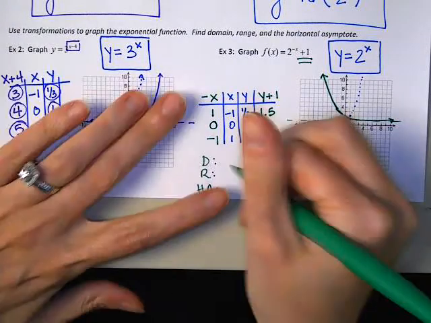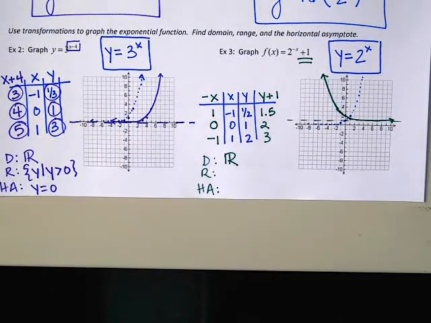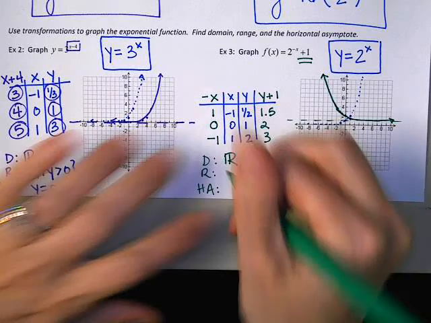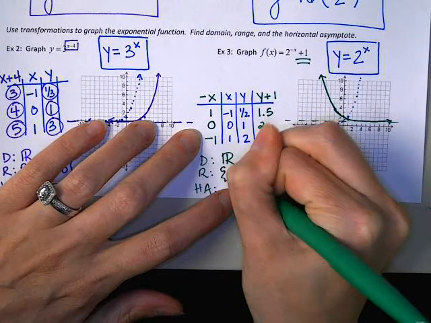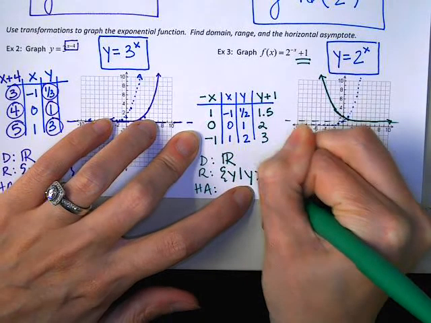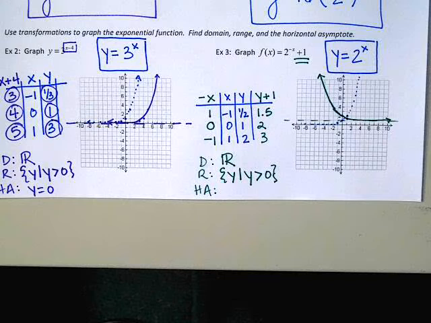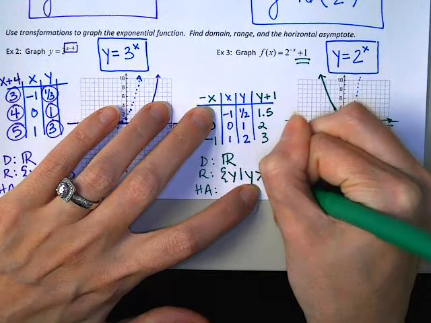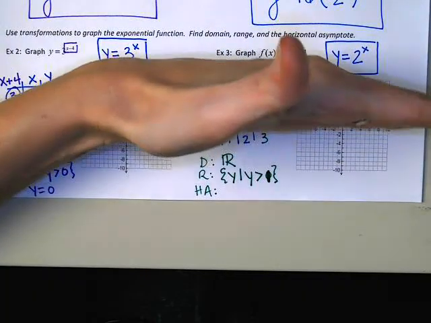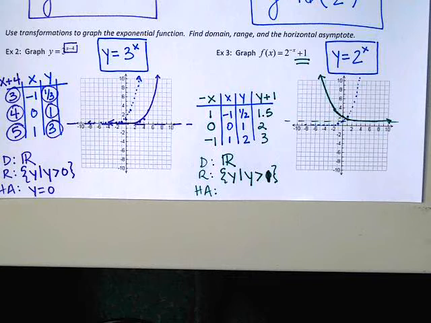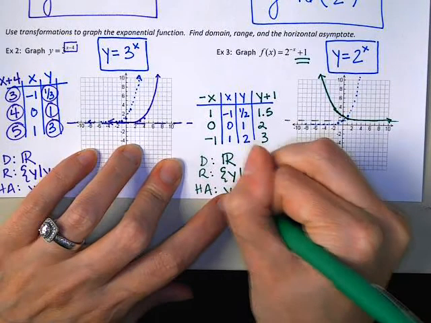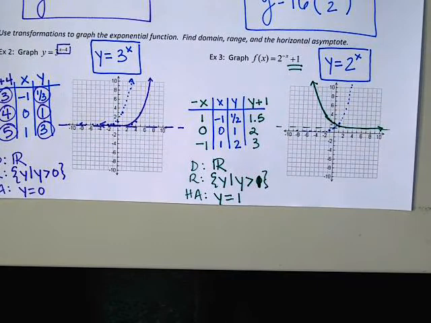Like we said before, domain of an exponential is always all reals. The range for this one is all y's. Y has to be greater than 0. I'm sorry, actually 1, greater than 1 for this one, because the asymptote cuts it off at 1. And the horizontal asymptote is actually at y equals 1.